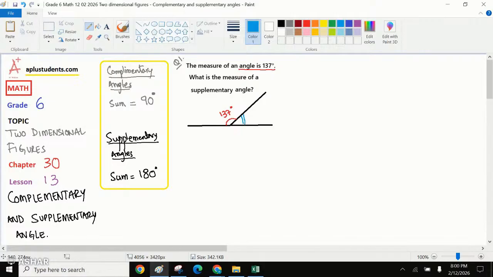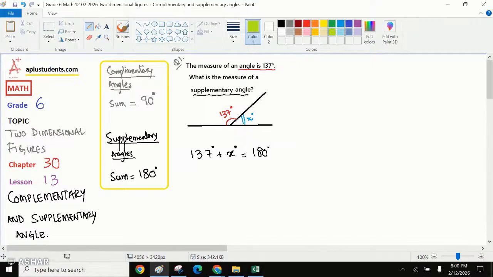If we say this is x, any variable we can suppose, that means 137 plus the missing angle should be equal to 180, because we are trying to find the supplementary angle.